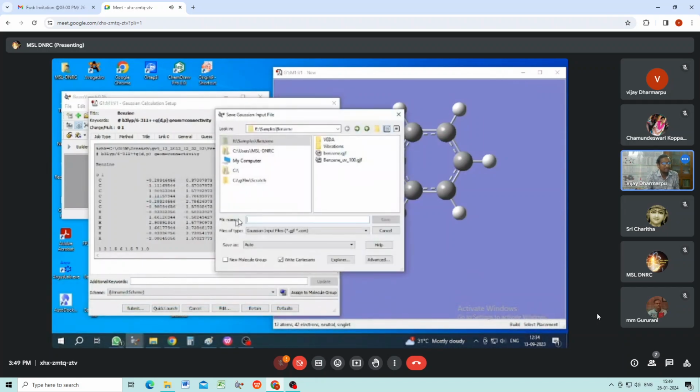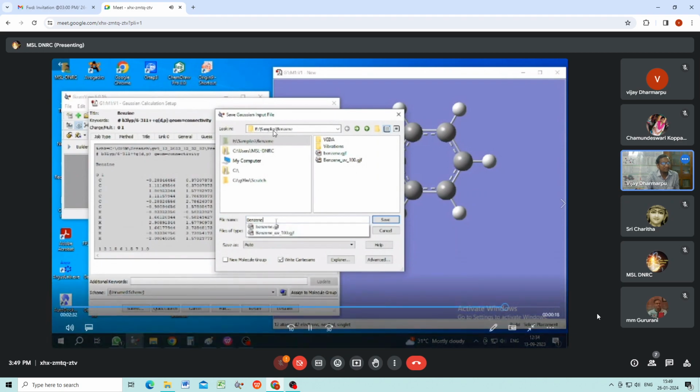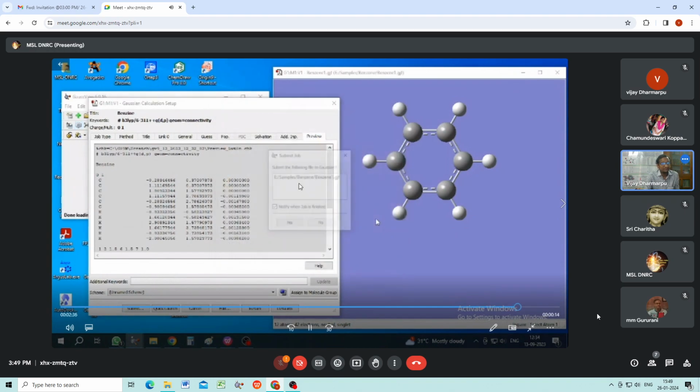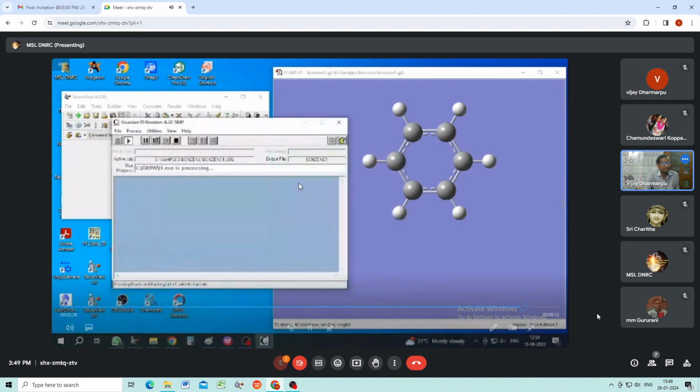Then we submit our job. We give a file name. We need to take care about the file where we are going to save. Then we save and we can run.